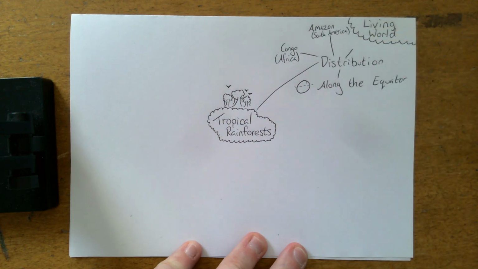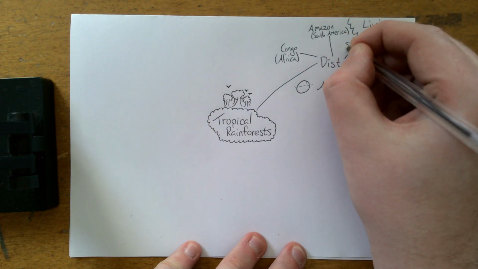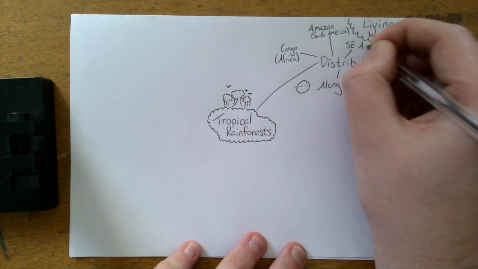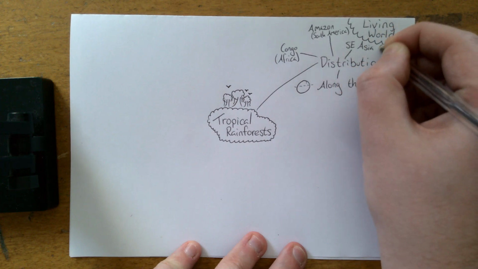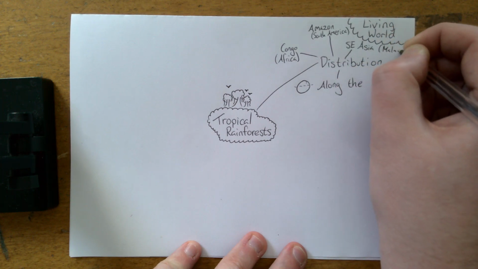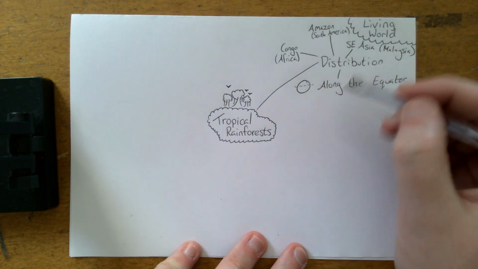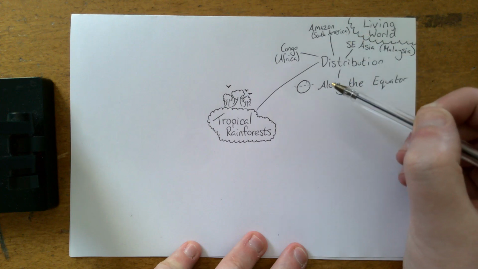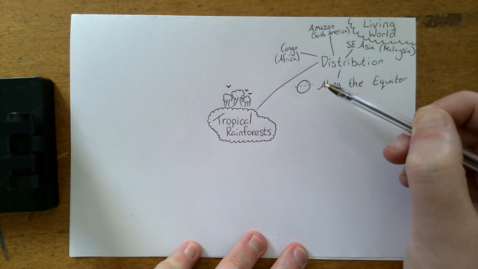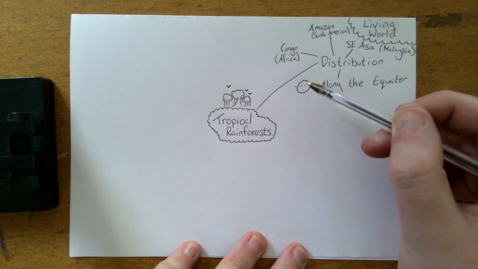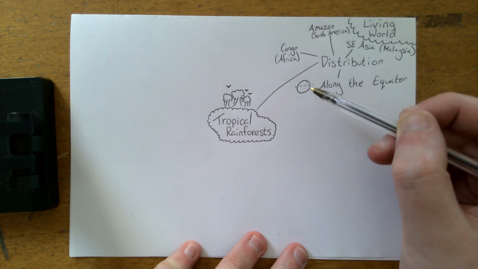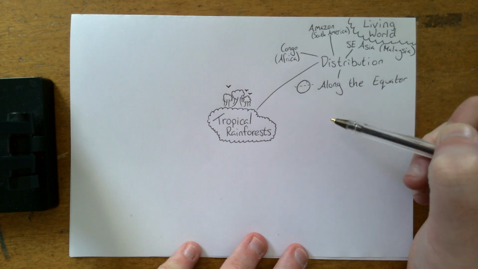And the case study that I've done with my students is we've looked at rainforests in Southeast Asia, in particular in Malaysia. So in terms of distribution, the key bit you need to know is they're found along the equator. They will go no further really than the two tropics. They are mostly found along the equator.